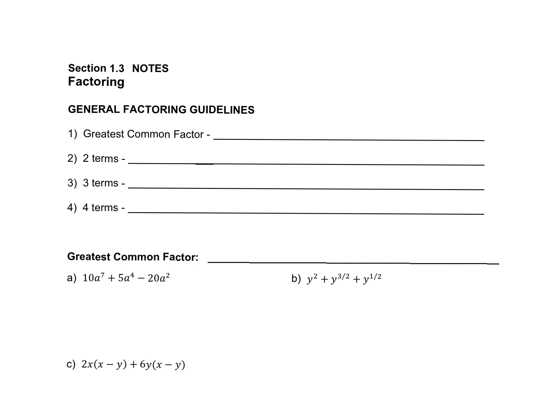The first one is the greatest common factor, and that's just when we pull out the GCF of all terms.